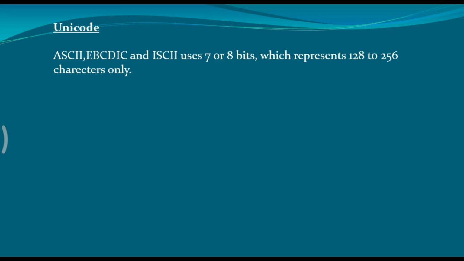Fourth character representation code is Unicode. ASCII, EBCDIC, and ISCII use 7 or 8 bits, which represent 128 to 256 characters only.